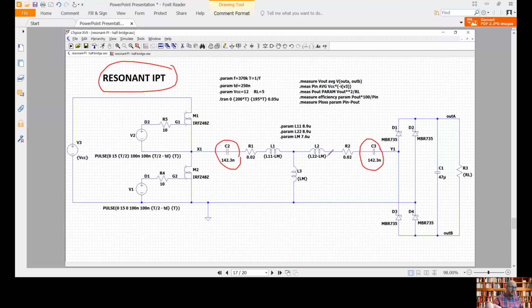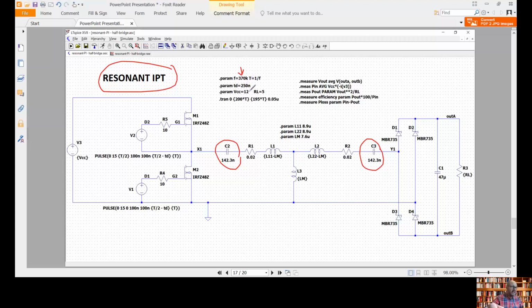You have to note that because we are working with the resonant circuit, we are using the T-type equivalent circuit, which is more interesting for calculating the resonances. So L1 is going to resonate with C2 and L2 with C3 at this switching frequency, which is 370 kilohertz.